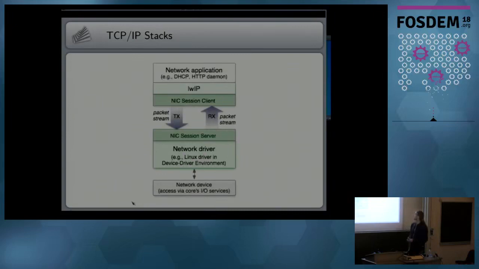This is a rather old picture of how it works with the stacks. You have here the NIC sessions, and on top of that you set this lightweight IP plugin or the lightweight IP lib, and then you can have, of course, the libc on top of this, and then your application.